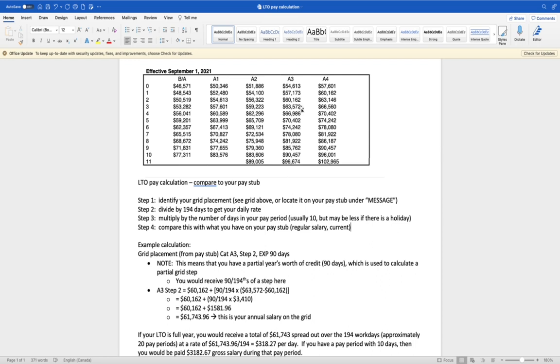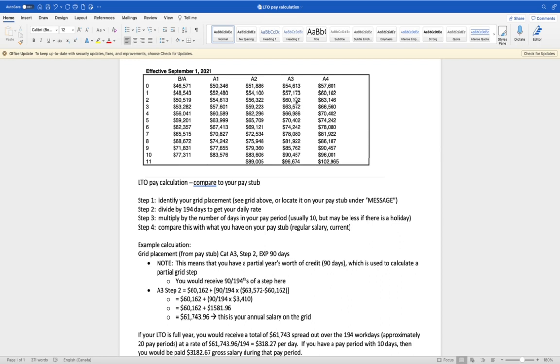How do you calculate exactly where they are? Well, we're going to use a fraction. And so 90 days out of 194 days in a school year represents the fraction of a step that they will be credited when calculating their grid placement. Given that this person is at step 2, we take a look at step 2. Given that they've got 90 days working towards step 3, we would take a look at where step 3 is.